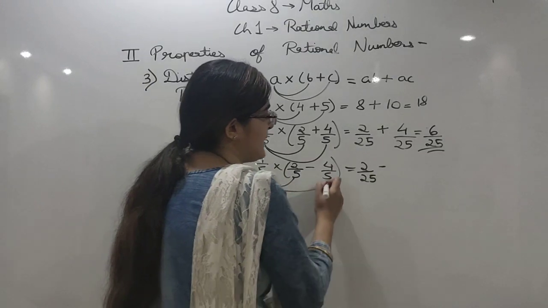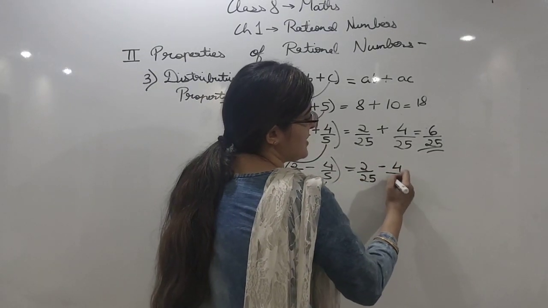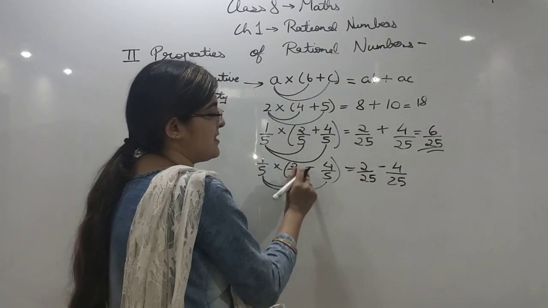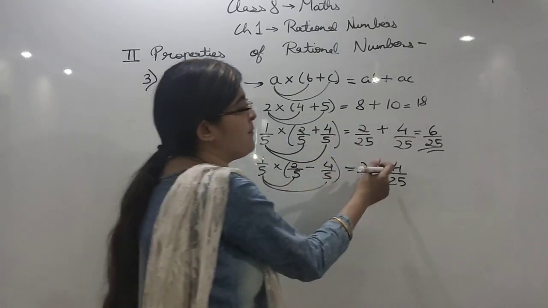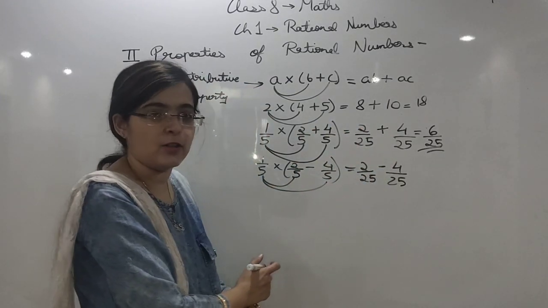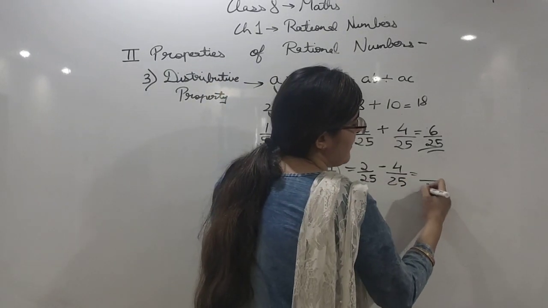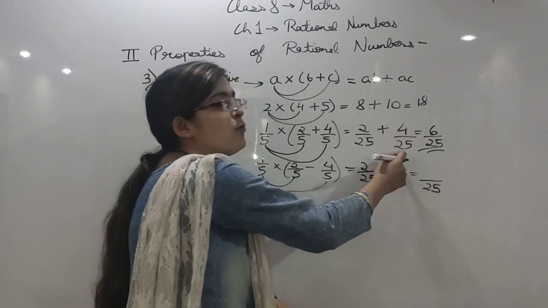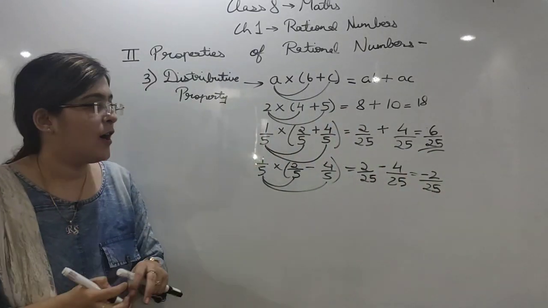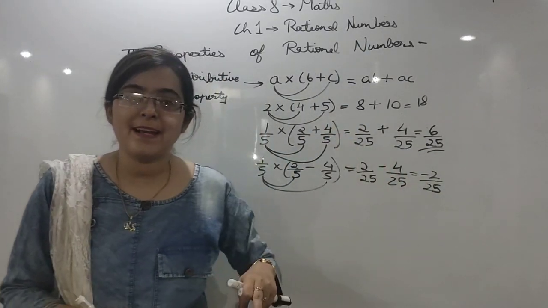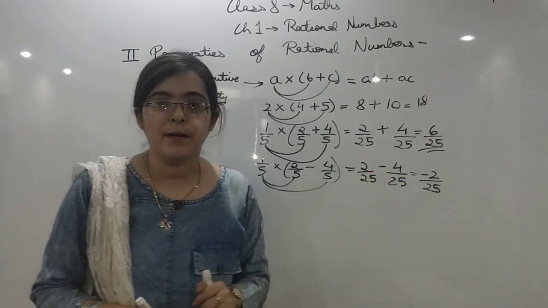Now again this will be multiplied by this. The rest of the procedure will be the same. Just as if here plus, here also plus; if there is a minus sign, we will put a minus sign here also. Now again your LCM will be 25 and 2 minus 4 will be minus 2, because plus minus minus, and the sign is of the bigger number.